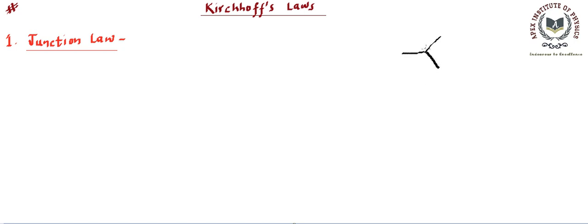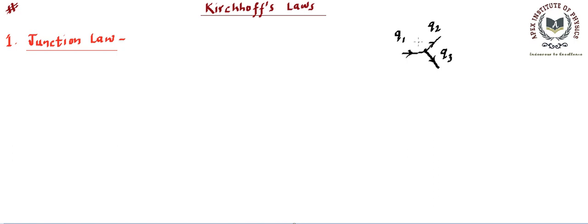Let's say this kind of connection is a part of the circuit, and I'm showing the charge moving in this direction with these arrows. Say this Q1 charge was coming in towards the junction, Q2 left the junction, Q3 left the junction.